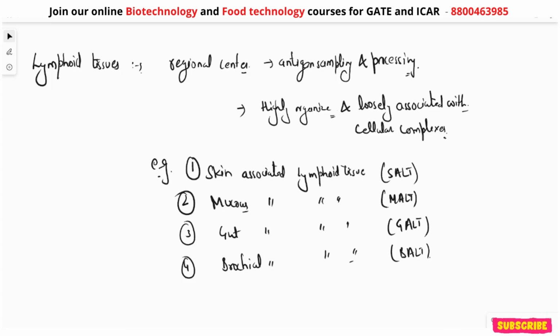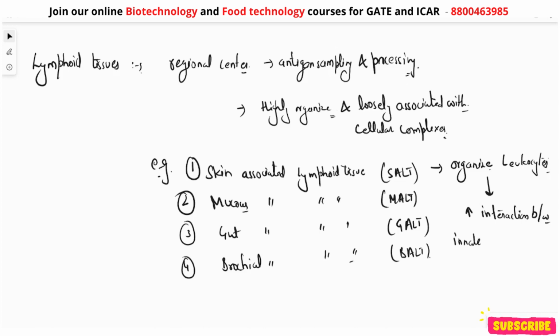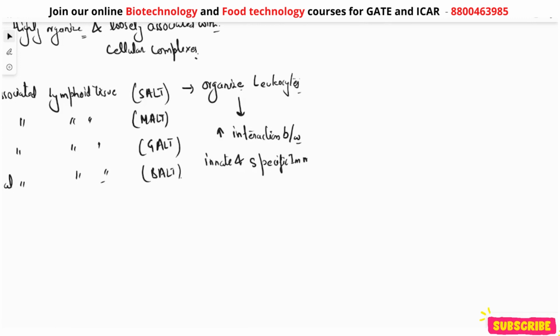The primary role of the lymphoid tissues is to organize leukocytes to increase the interaction between innate and specific or acquired immunity.